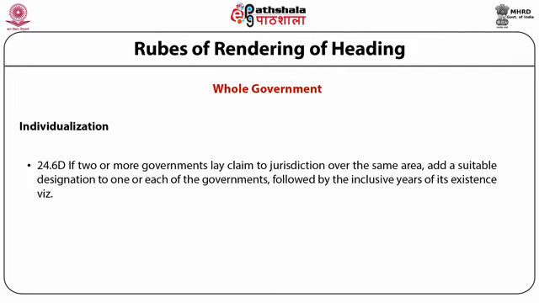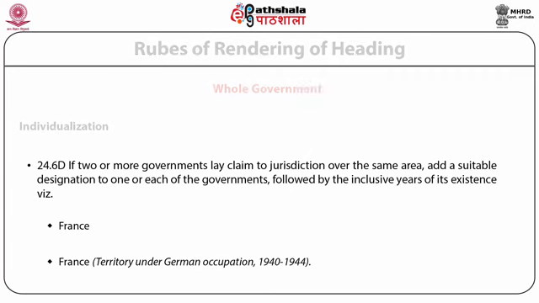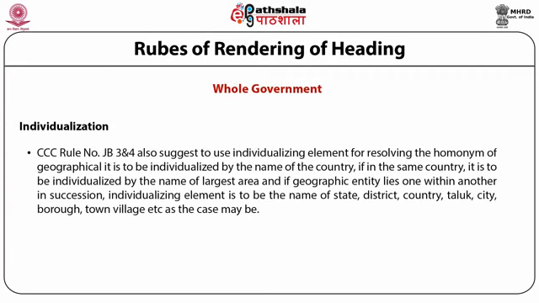For example, France, then France (Territory under German occupation, 1940-1944). CCC rule numbers JB3 and JB4 also suggest to use an individualizing element for resolving the homonym of geographical names. It is to be individualized by the name of the country.